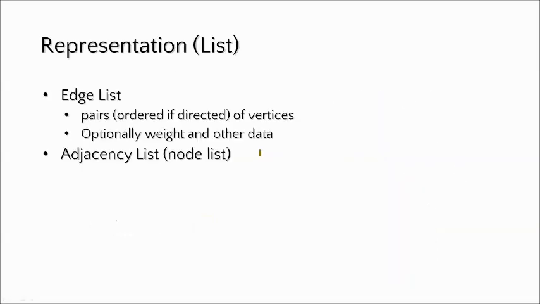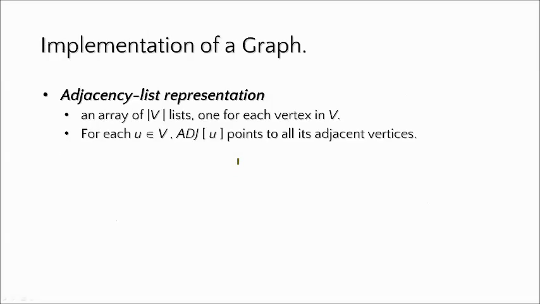So next is representation list. We have the edge list and the adjacency list. For the edge list, pairs, ordered if directed, of vertices. So optionally, weight and other data. So adjacency list, node list. So implementation of a graph.